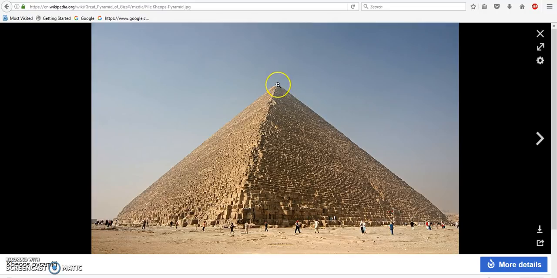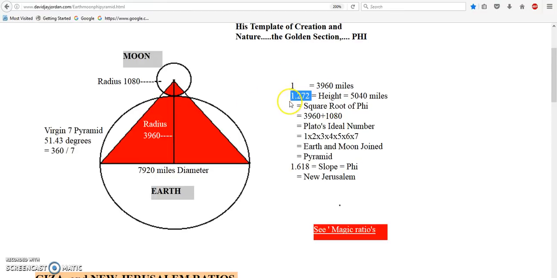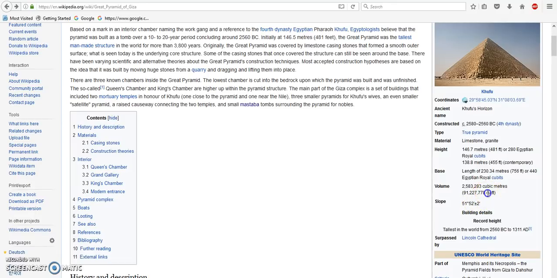And as I mentioned before, the height of the Great Pyramid with the capstone is estimated at 5,776 inches. The ratio of the current height is 1.27 infinitely. And the volume, as I've mentioned before, is 91,227,778.